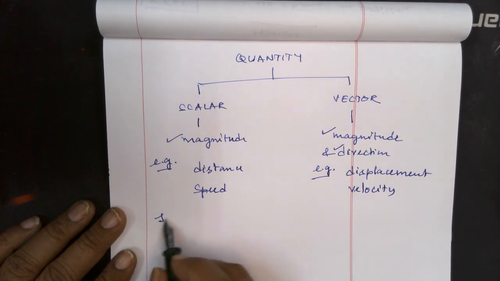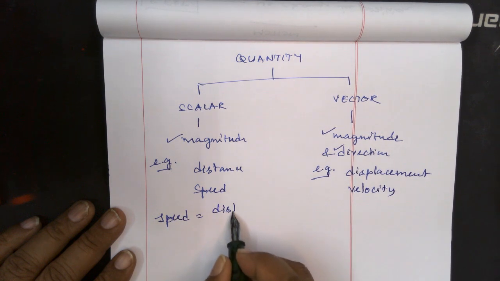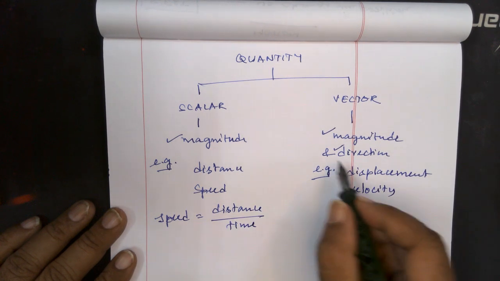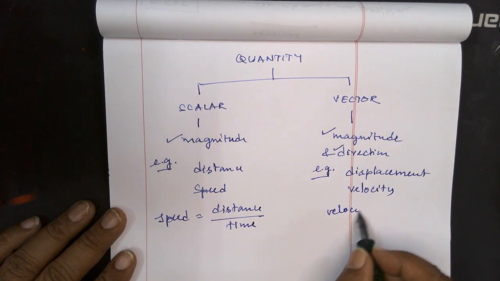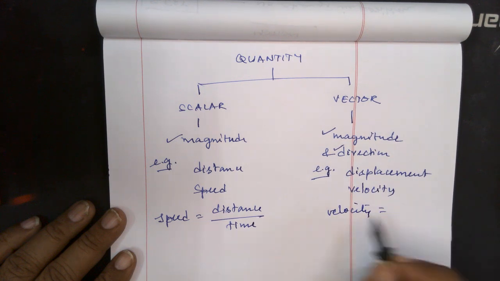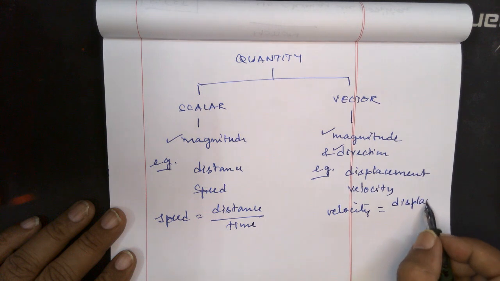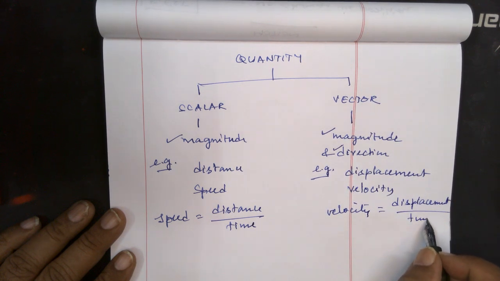In fact, we can define the speed. Speed is equal to distance traveled divided by time, whereas velocity is equal to displacement divided by time.